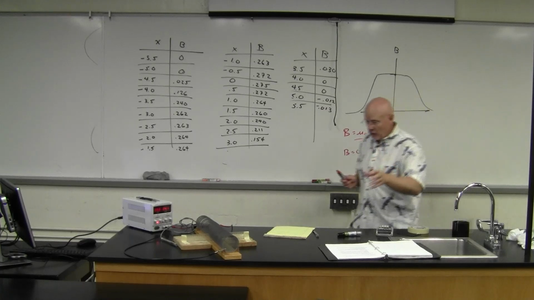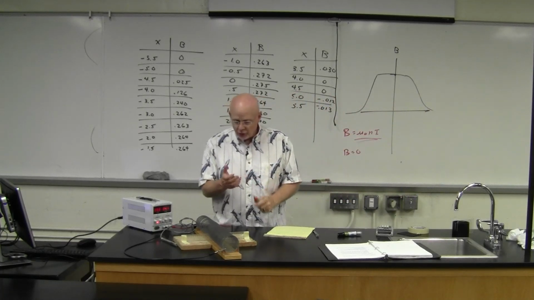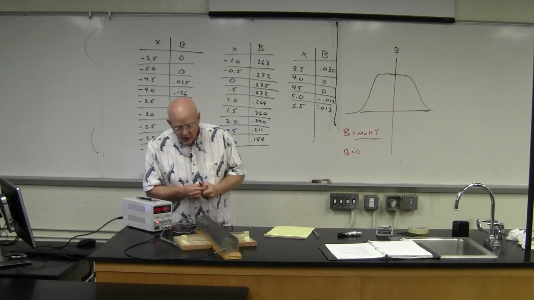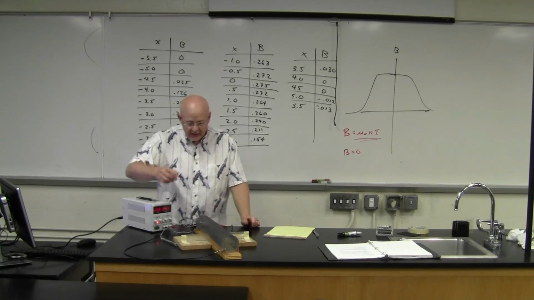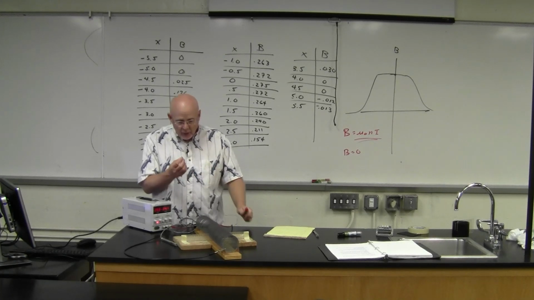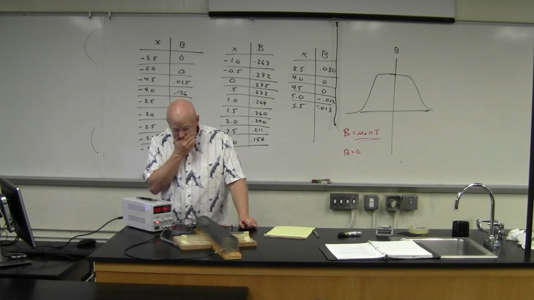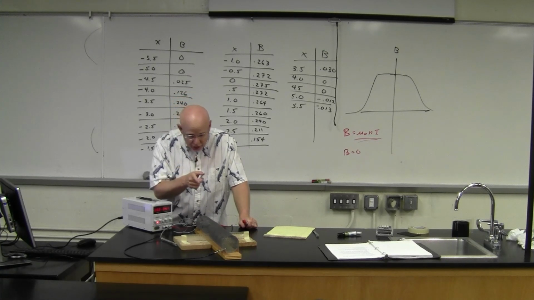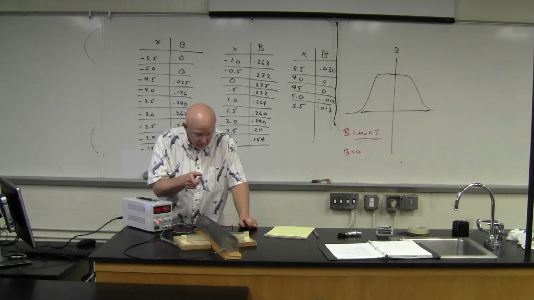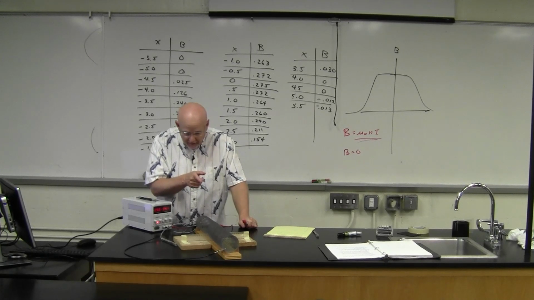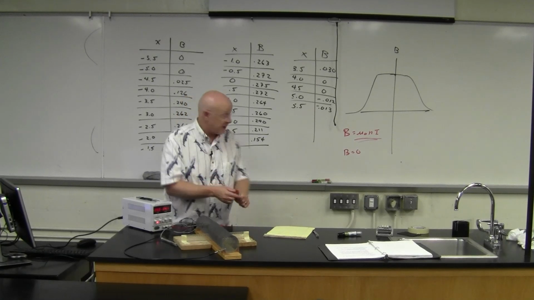So what I need to give you is a couple of pieces of information so you can do this. First of all is the radius of this. The radius in centimeters is about, let me just check here, about 3.7, okay?